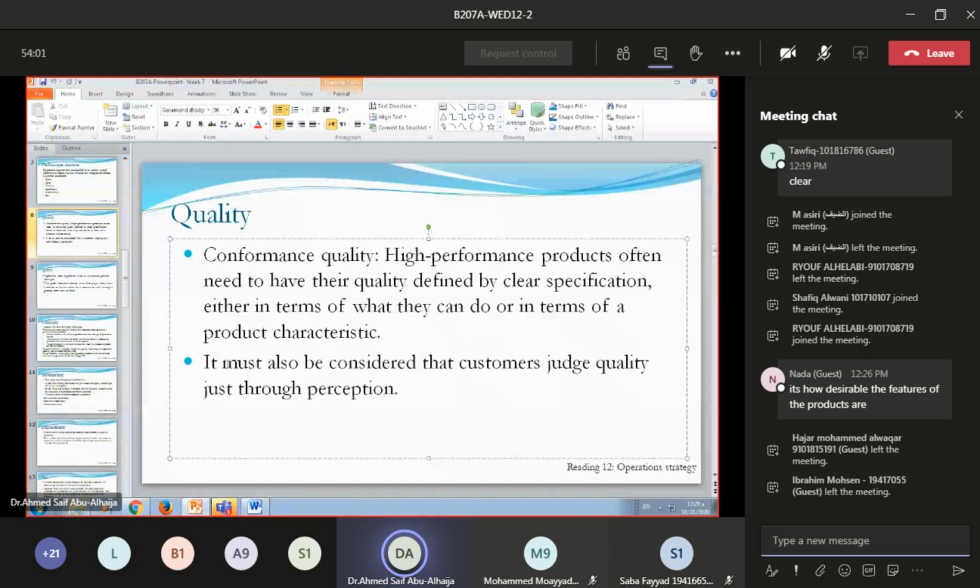You need to understand something important: customers judge the quality. Judge the quality how? Through their perception. As people, do we have the same perception? No, we have different perceptions.